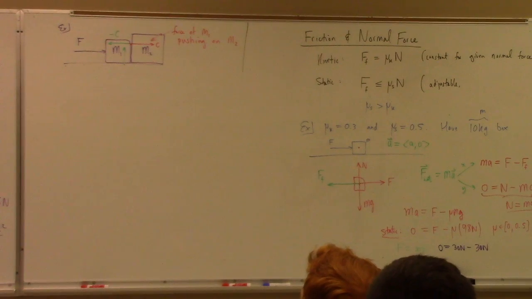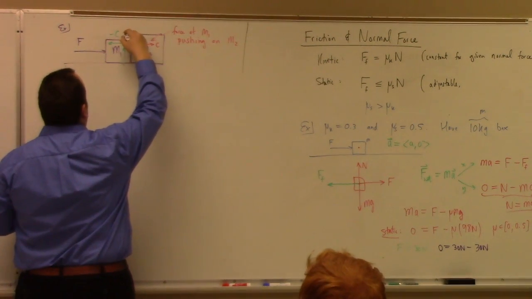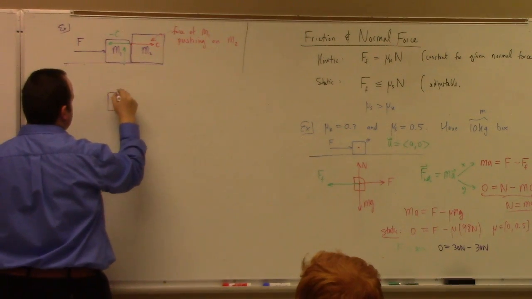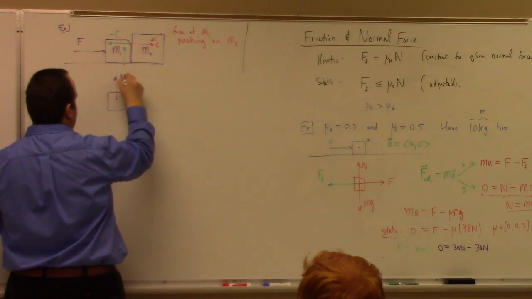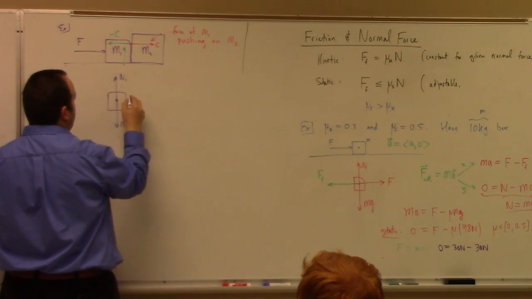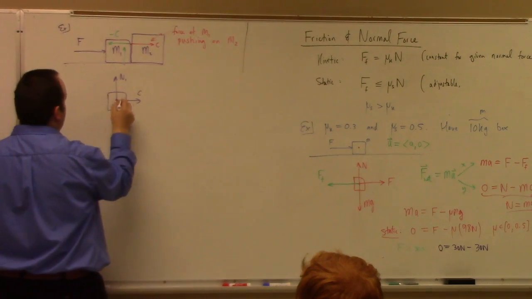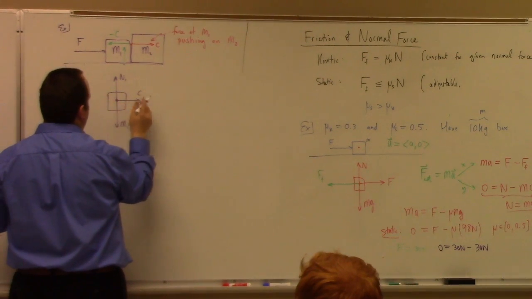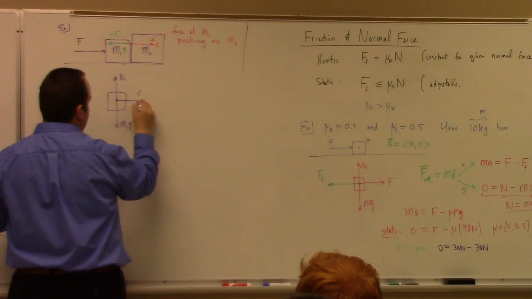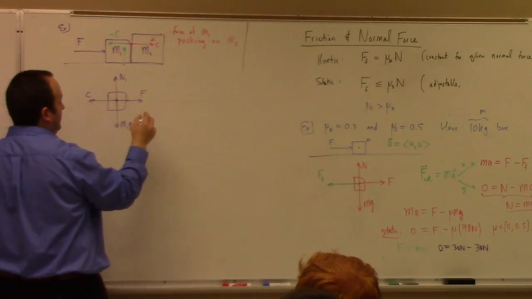And this is still very boring in terms of normal force. If you think about M1, I've got N1 acting up, I've got M1G acting down, I've got this contact force going that way, oh I'm sorry, other way. This is the pushing force. Contact force goes that way.